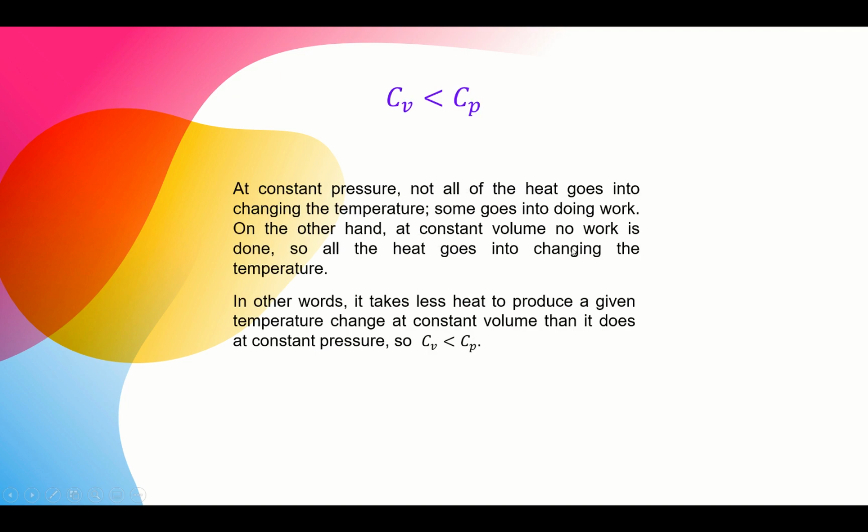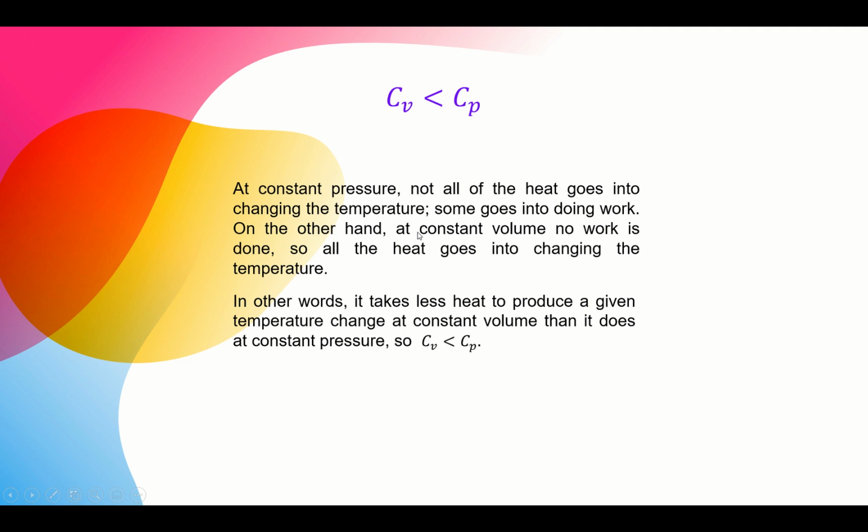One of the things that we talk about is the difference between the condition in which the setup is such that the volume is constant versus that when the pressure is constant. Now, according to the first law of thermodynamics, at constant volume, no work is done, and so all the heat goes into changing the temperature.